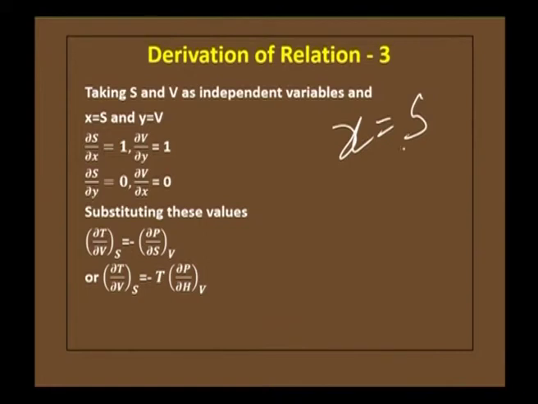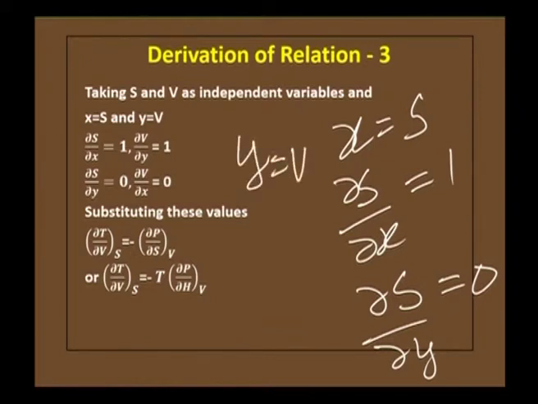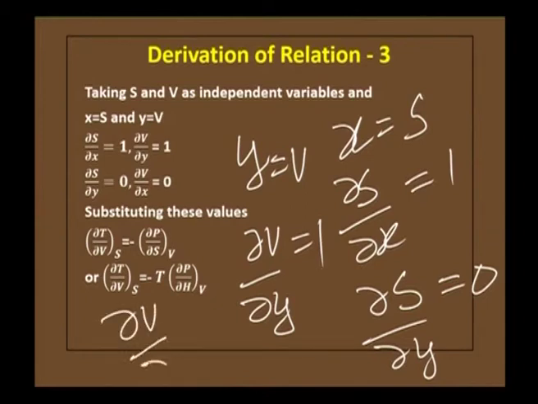and differentiating with respect to x, I can write ∂s/∂x is equal to 1, and similarly ∂s/∂y is equal to 0, and y is equal to v. If you differentiate this with respect to y, ∂v/∂y is equal to 1, and ∂v/∂x is equal to 0.